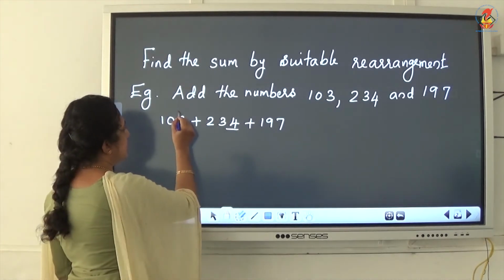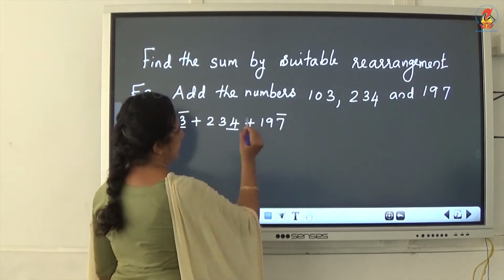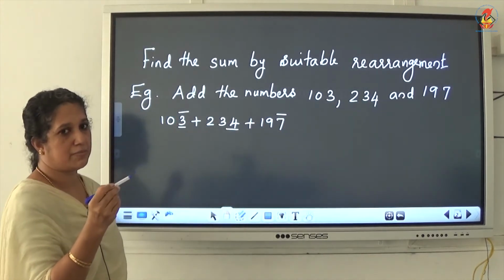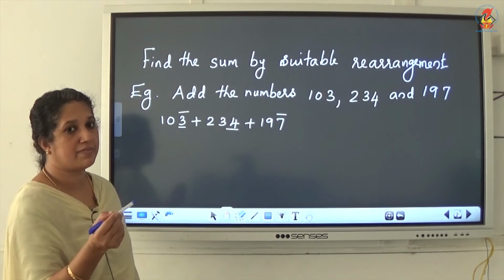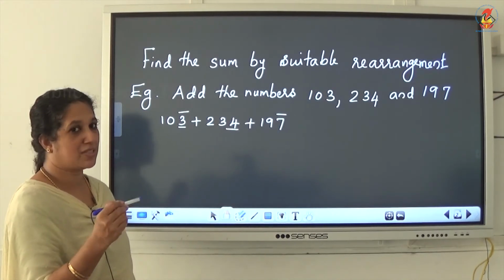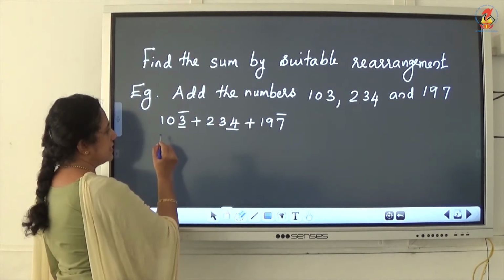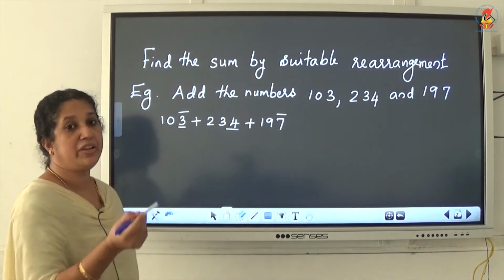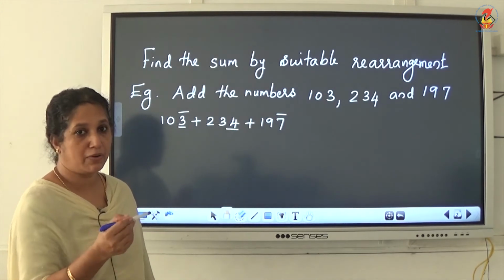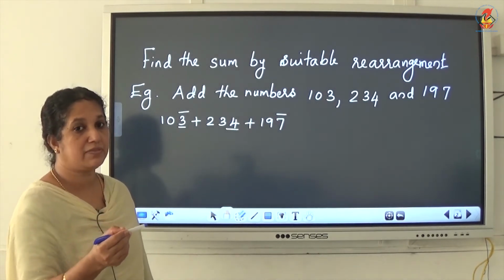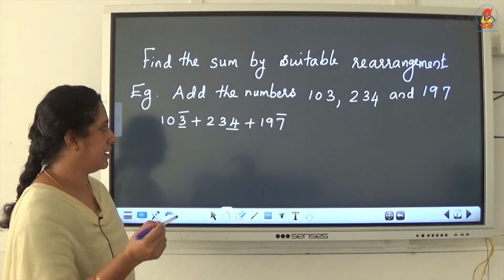But what is the sum of 3 and 7? 3 plus 7 equals 10, so the last digit will be 0. So we select the numbers which are convenient to add.